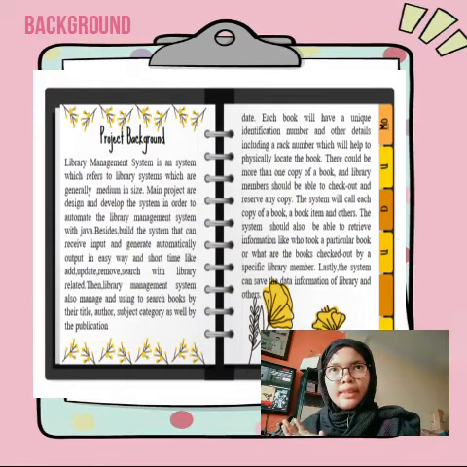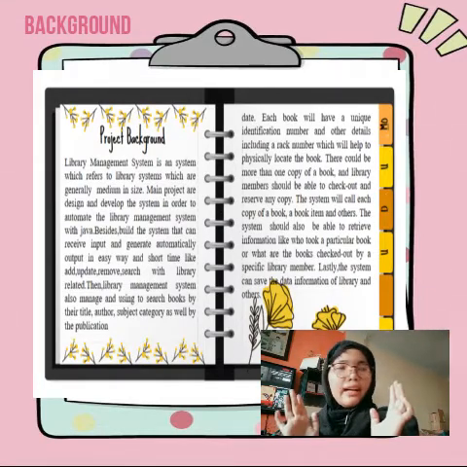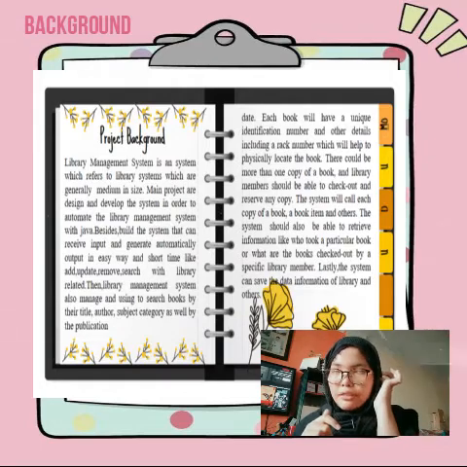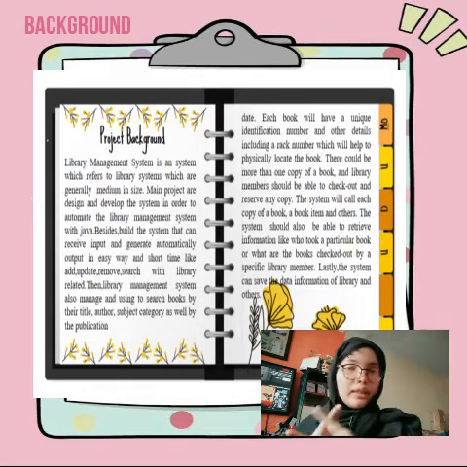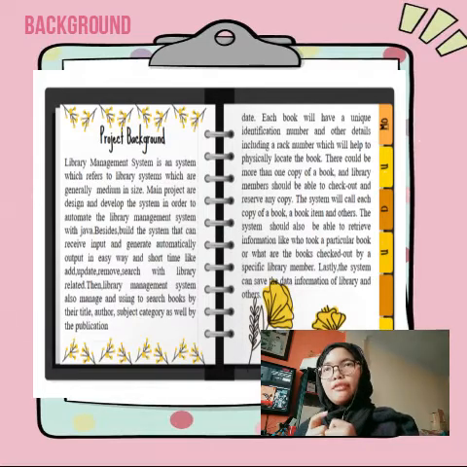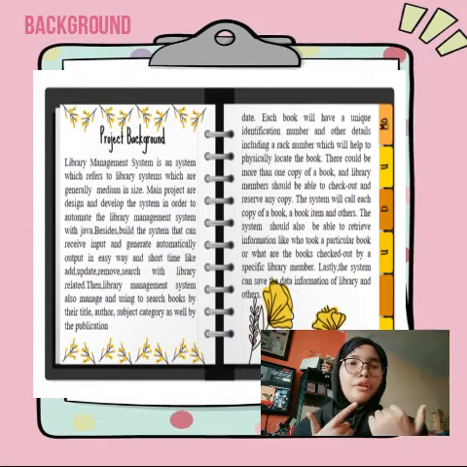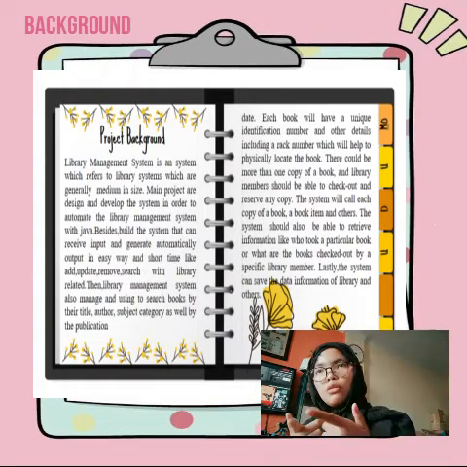We also designed this system so that they can search for the books that are in the library. For example, they can search by author, by title, by category, and so on. Each book in the library has a unique identification number, and it cannot be shared with other books. So it will be easy for them to search for the book.